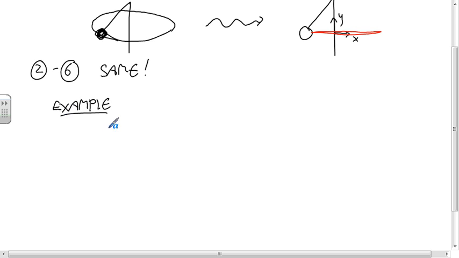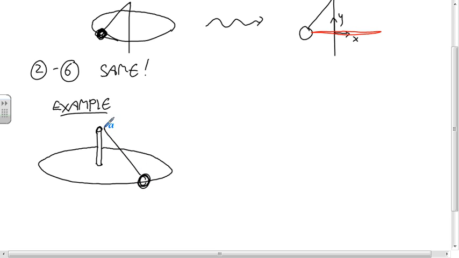So here's an example. Say that a ball supported by a cable travels around this circular path. Let's say that the radius again is 0.25 meters and the mass of the ball is 60 grams.